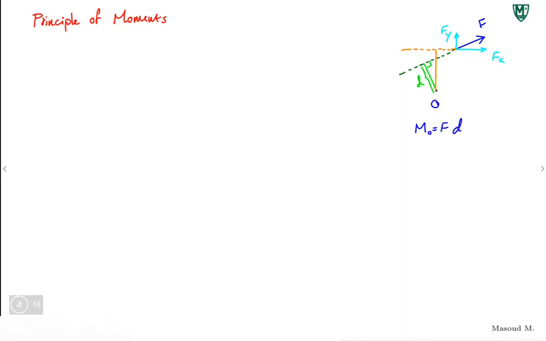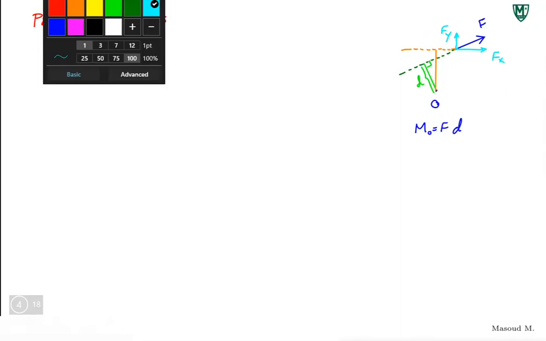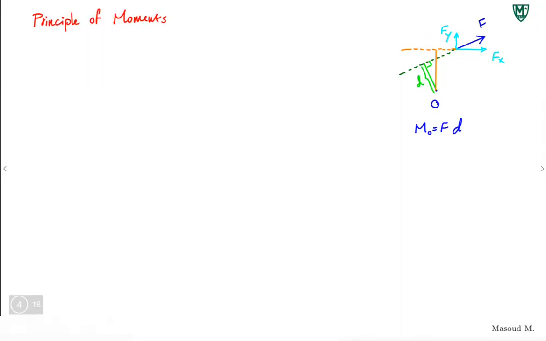And if I want to find the moment of Fy about point O, this is the line of action of Fy, and this would be the perpendicular distance. Let's call this x and this one y. This is perpendicular to that.